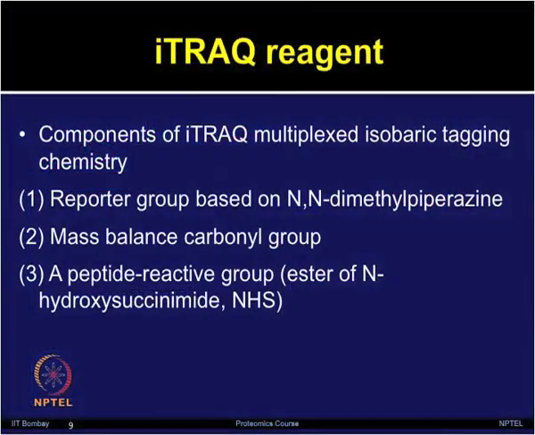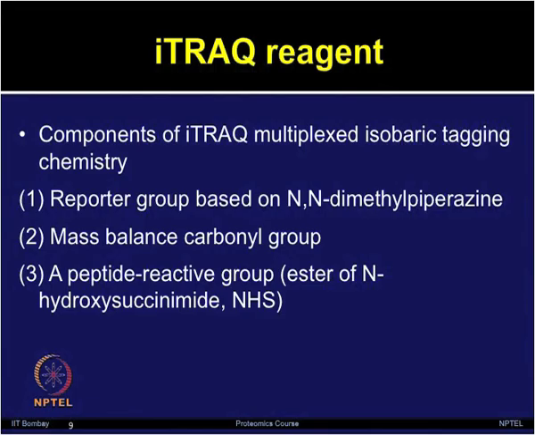The different distribution of isotopes between the reporter and balance group makes the label isobaric, and it enables the detection upon fragmentation and release in mass spec. So, as I briefly talked about, there are 3 major components of the iTRAQ reagent.